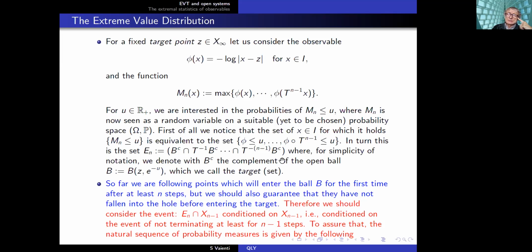Now I'm looking not at the hole, but at the target set. I will introduce the hole later on. For the moment, I'm introducing this observable, which concerns the target set.